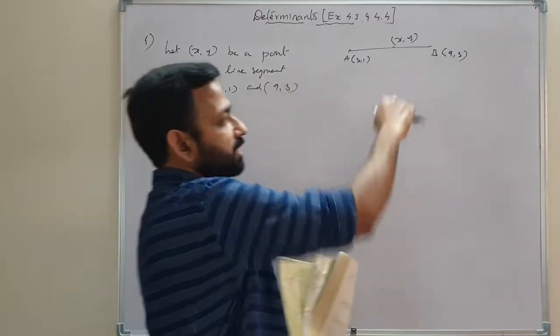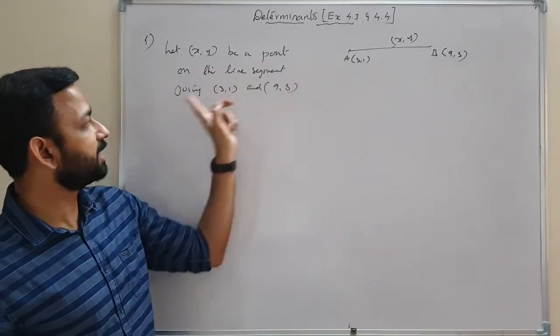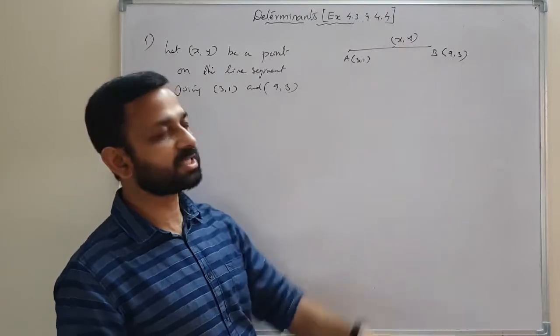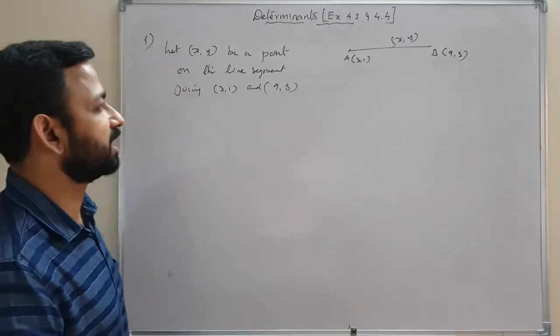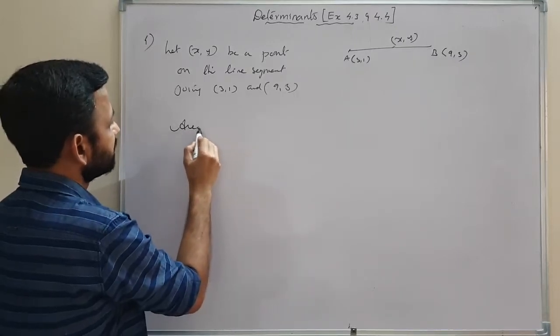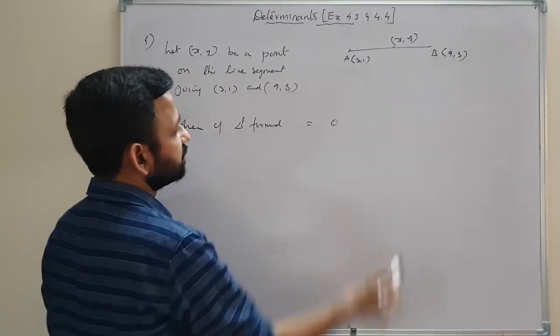If you are not drawing the figure, we can write it this way. So here these three points are collinear points, so we can say the area of the triangle formed will be 0.